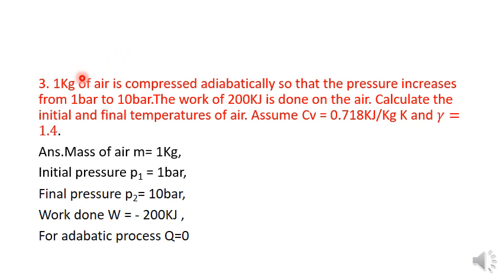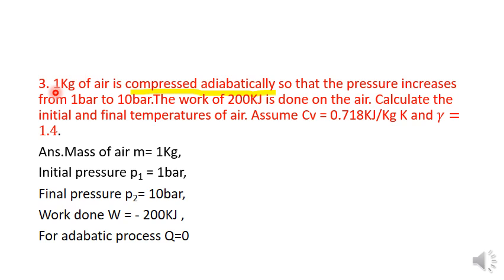Here they have given compressed adiabatically. Compressed adiabatically means the work done is nothing but (P2 V2 minus P1 V1) divided by (gamma minus 1). First we have to identify what process this is. It is clearly mentioned: compressed adiabatically.